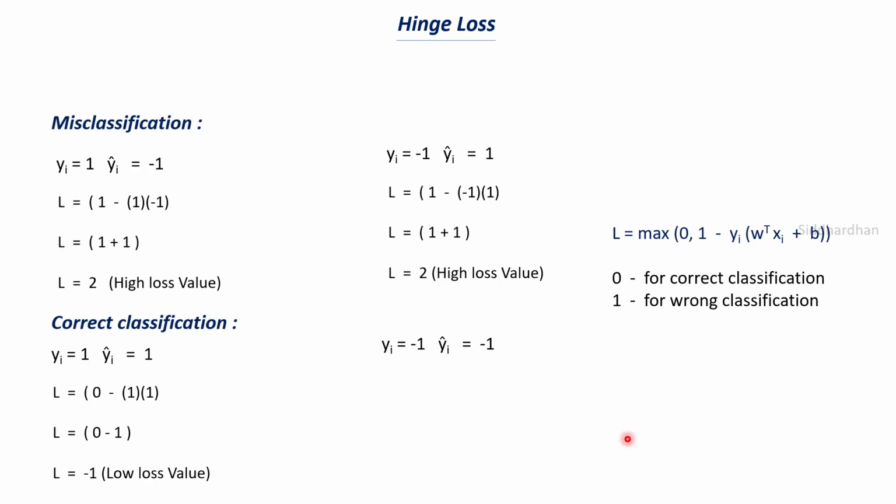So you can give values like minus 3, minus 2, and so on. In that case, your value will be a large negative number, which means the loss function is even smaller. Whenever your distance from the boundary is larger, you will get a very minimum loss function. That's what you need to understand.